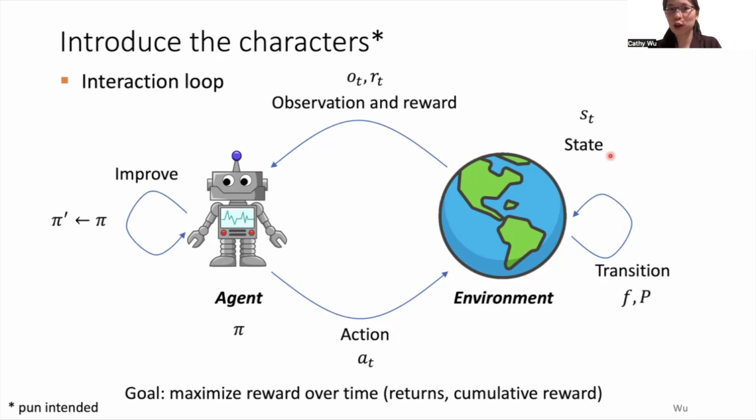Now I'm overlaying the slide with the notation. S for the state, O for the observation. In this unit, and oftentimes in the literature, folks will be a little bit sloppy and interchange the state and the observation. And we will mostly do that as well.